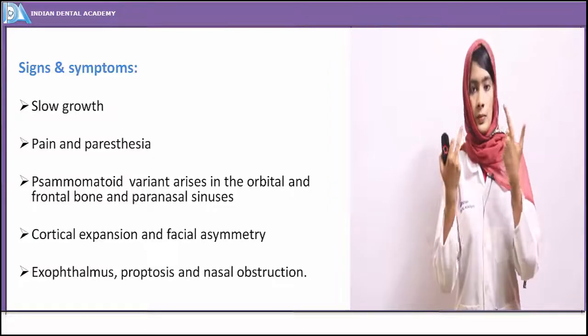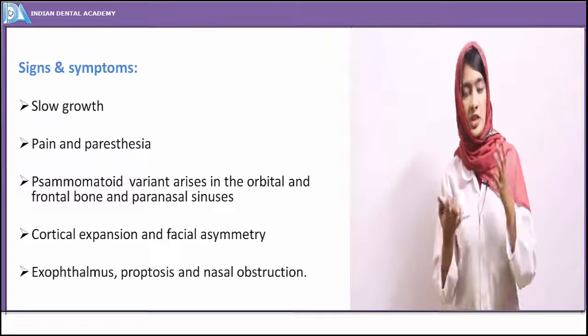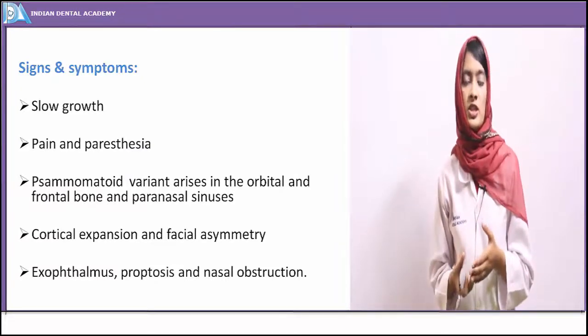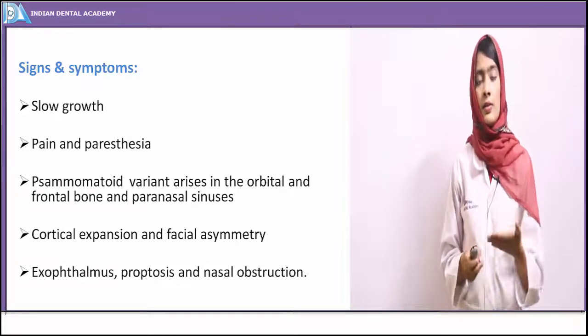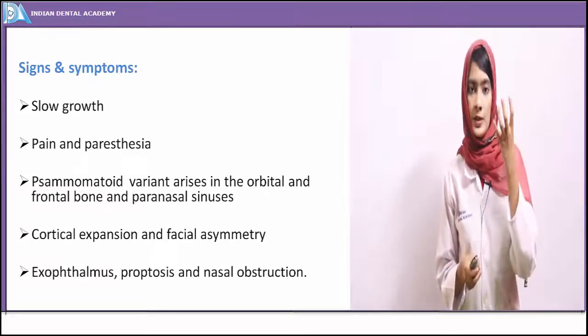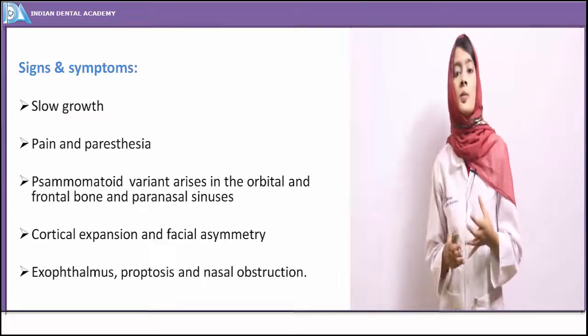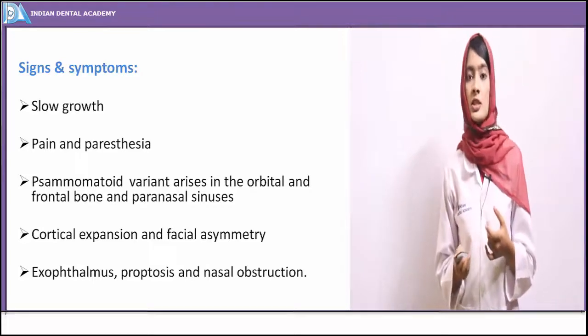Both the orbital and frontal bones show swelling, so there will be facial asymmetry and bony expansion of the region. Exophthalmos, that is the eye appears protruded or bulging, proptosis and nasal obstruction are the features encountered.